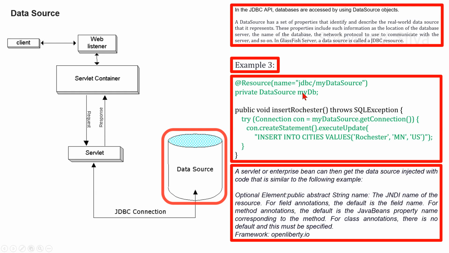And here you can see the optional element, public abstract String name, the JNDI name of the resource. For field annotations, the default is the field name. For method annotations, the default is the Java Beans property name corresponding to the method.